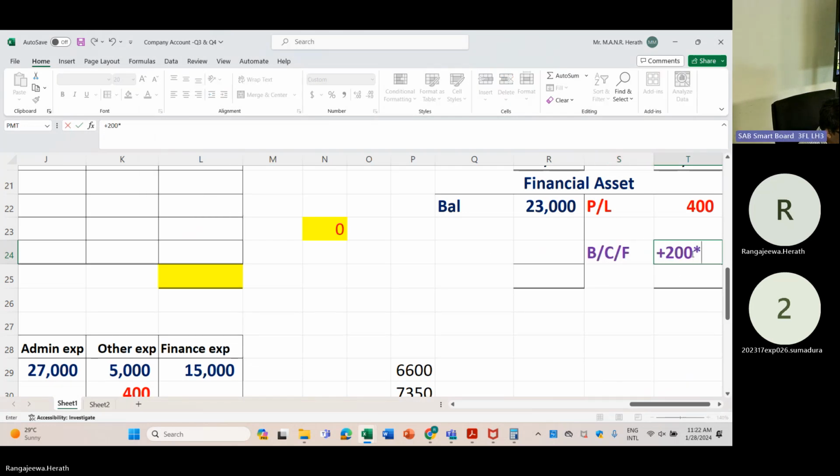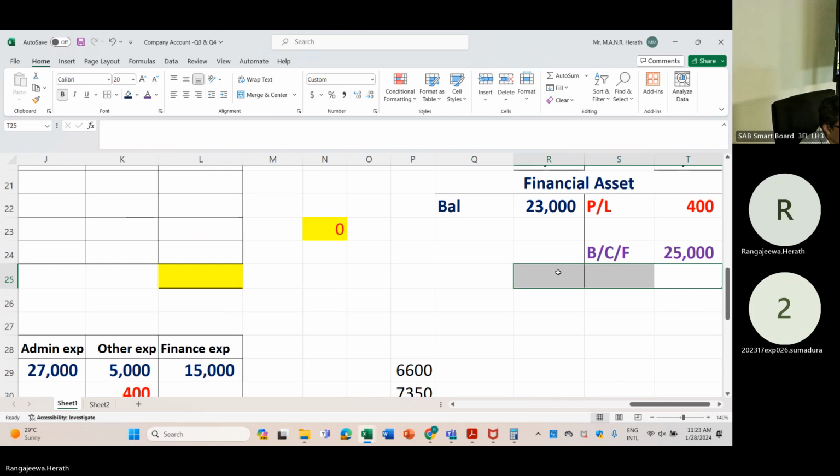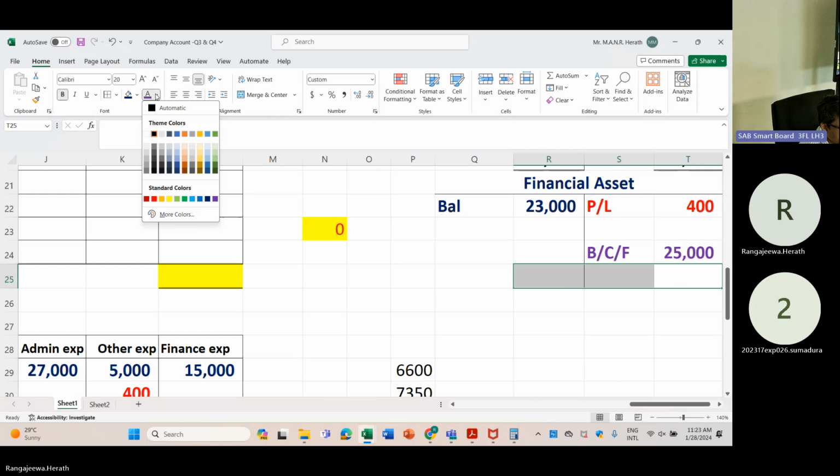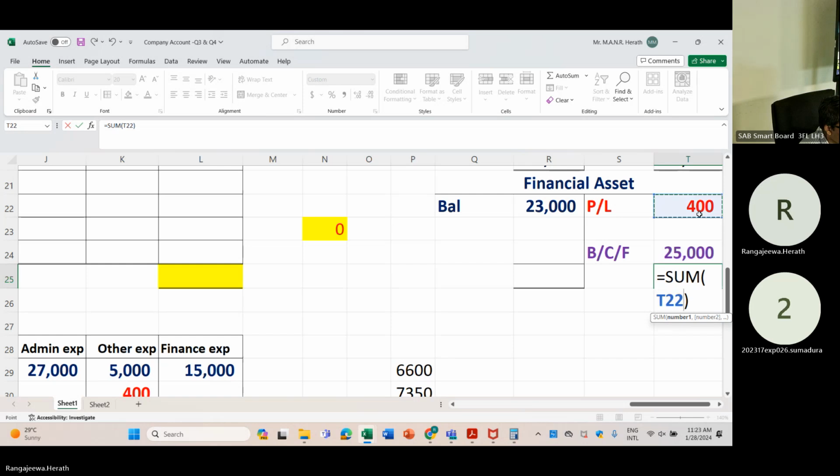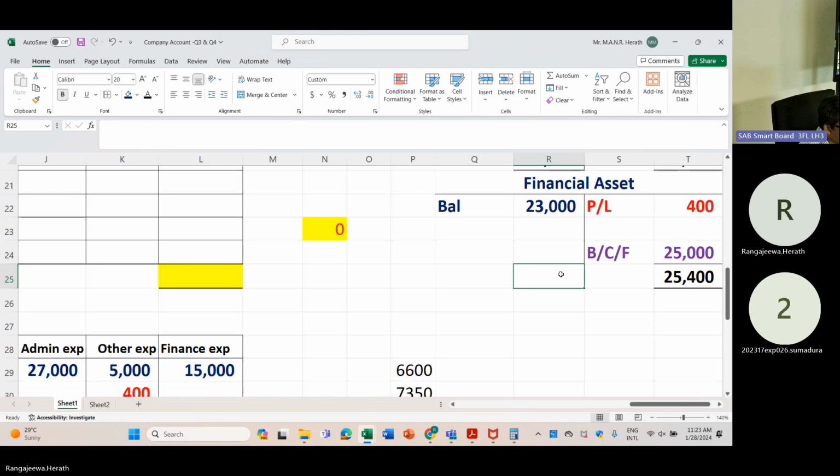200 into 125, 25,000. So 25,000 වලට වැඩි වෙලා තියෙන්නේ 22,600 ඉඳලා වැඩි වෙලා තියෙන්නේ. මේ account එක balance කරාම අපිට P&L එකට යන්න ඕනේ gain එක.